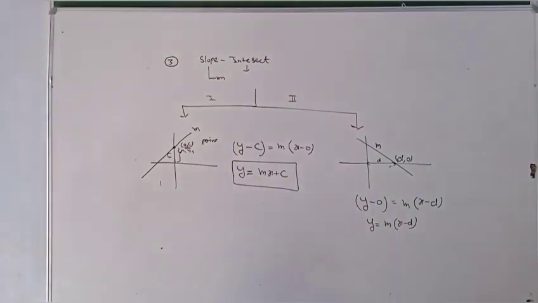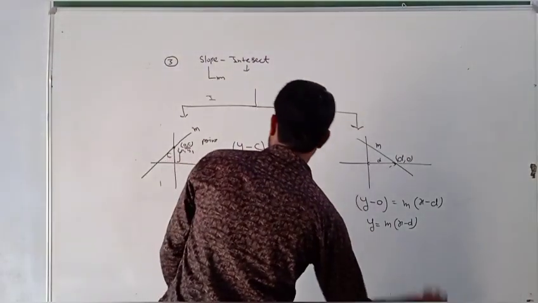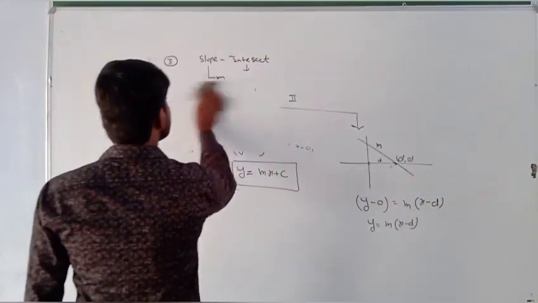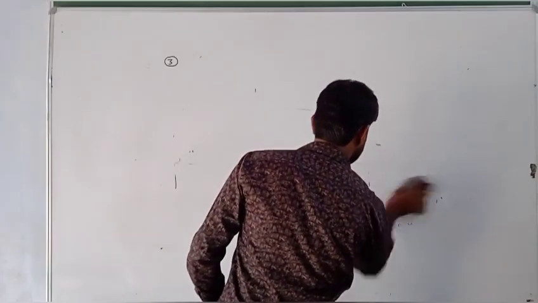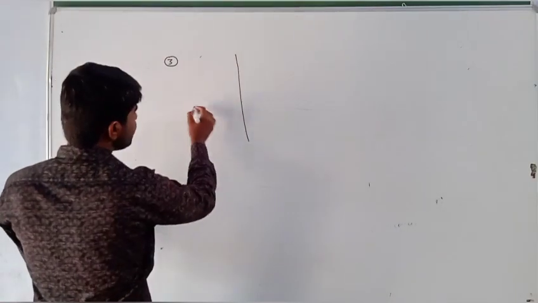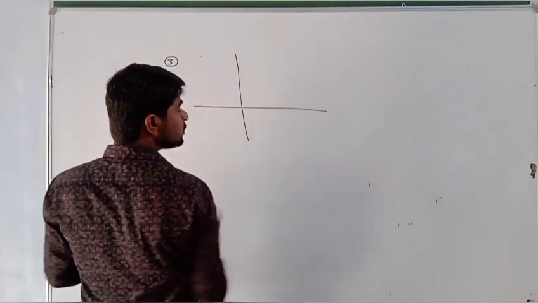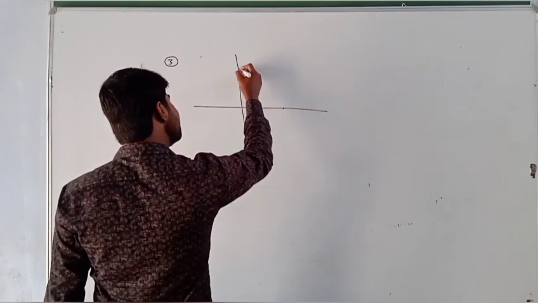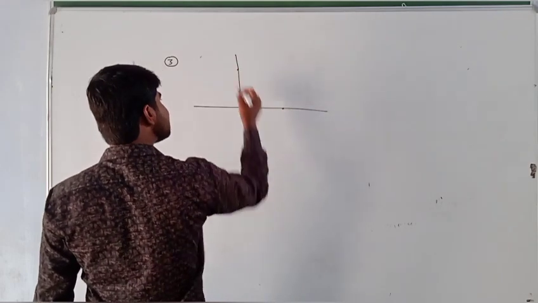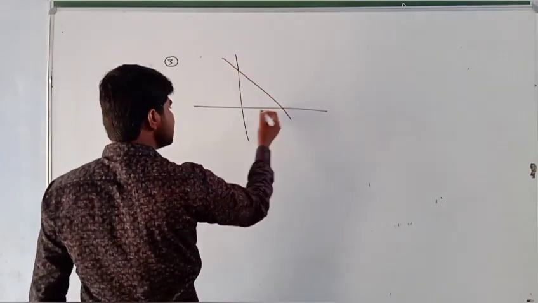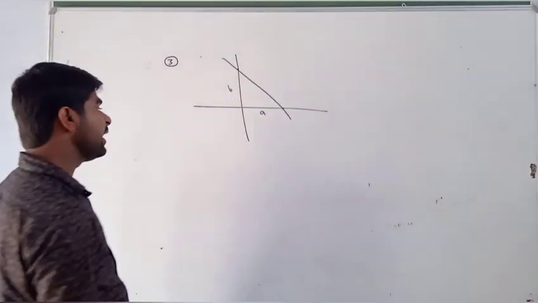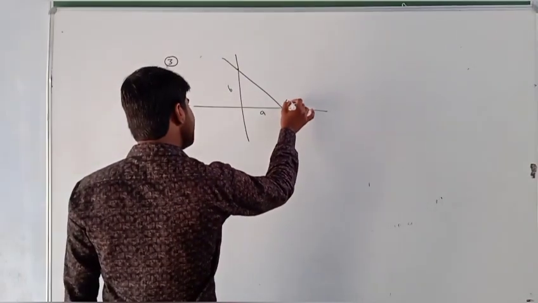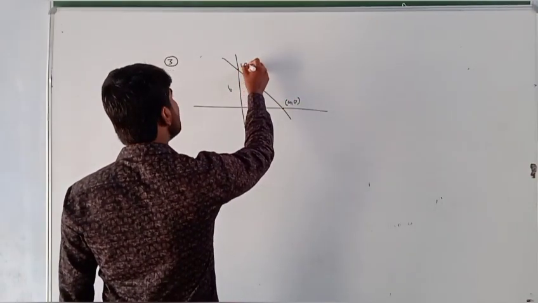Now the next form is intercept form. For intercept form, we know the slope is not given, so the intercepts on both the axes are given, that is a and b. So now what will be the equation of the line? We know that this point will be (a, 0) and this will be (0, b).